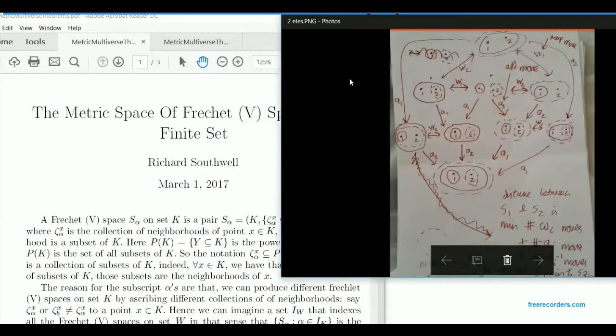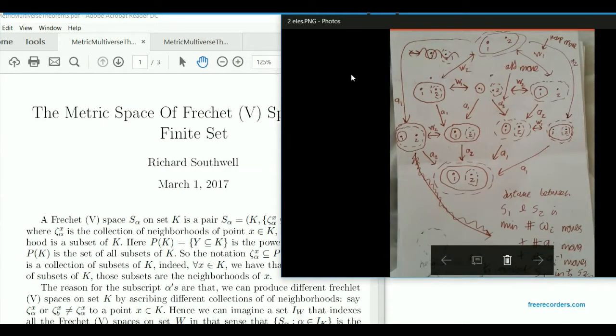And you can see that we can convert between them. For example, let's have a look at this example at the left here. In this case, the solid black circle is going around points 1 and 2. That's the only solid black circle, so that means there's only one neighbourhood of point 1, and that neighbourhood consists of points 1 and 2.